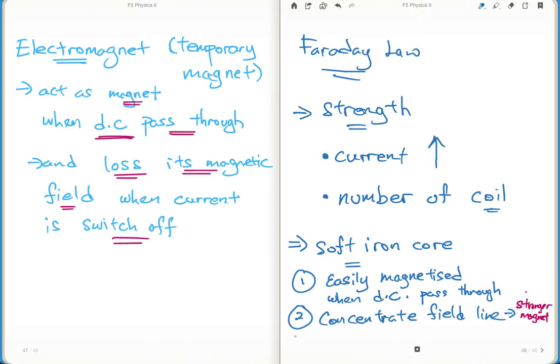Okay, the last point, very crucial, because you talk about an electromagnet: it will lose all magnetic field when the direct current is switched off.